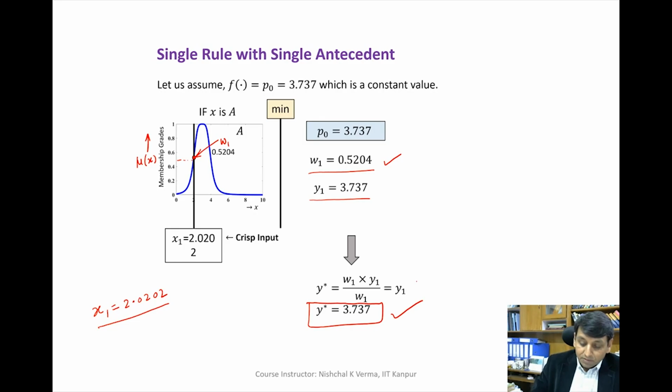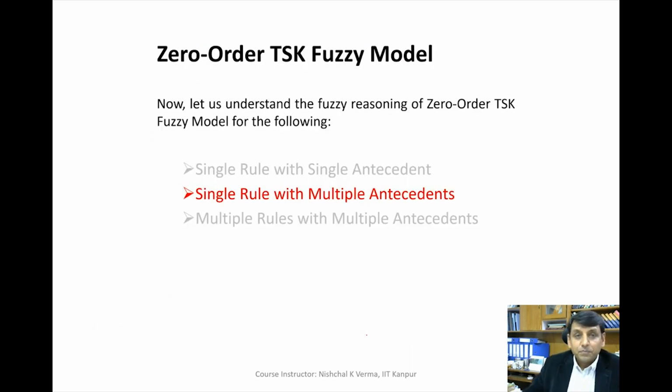Since we have a single rule, the weighted average is going to remain the same. So this way the output corresponding to x1 is equal to 3.737.